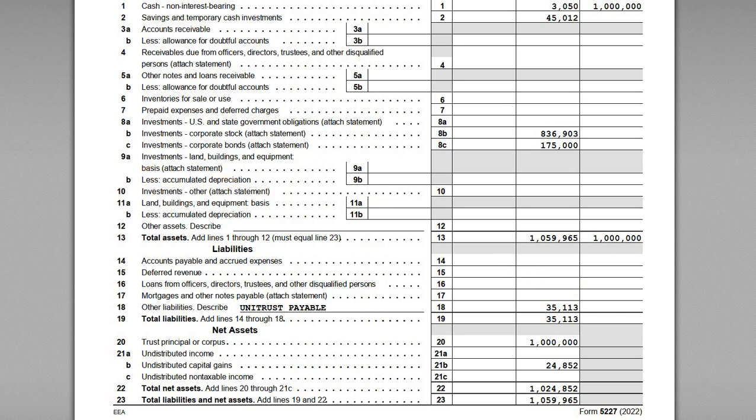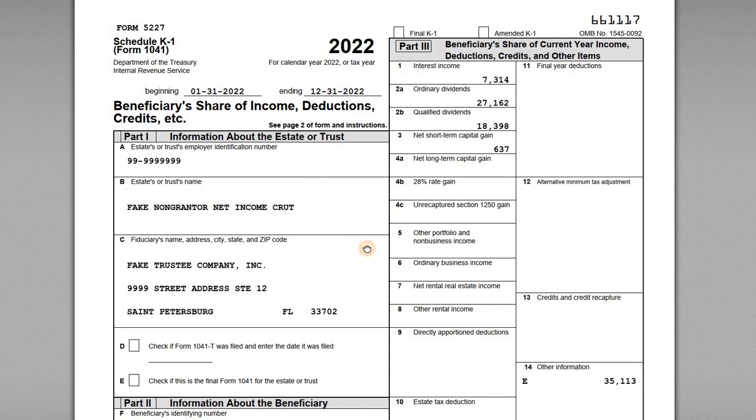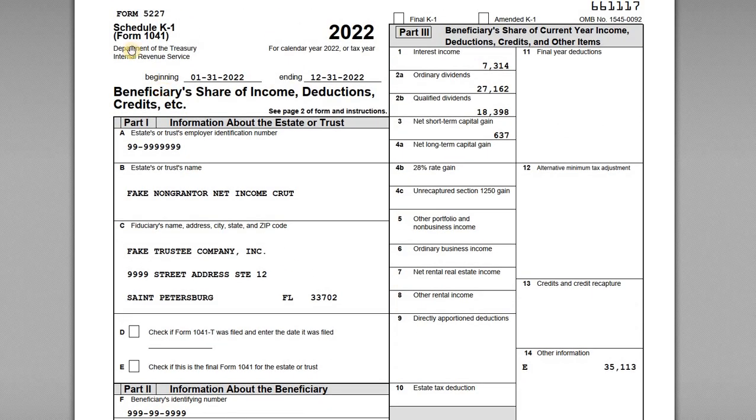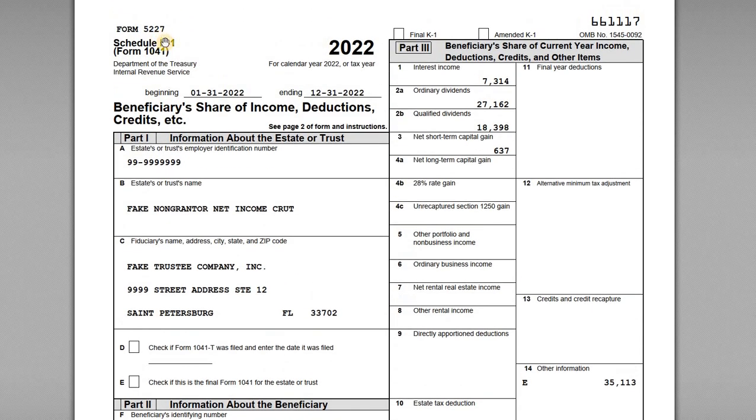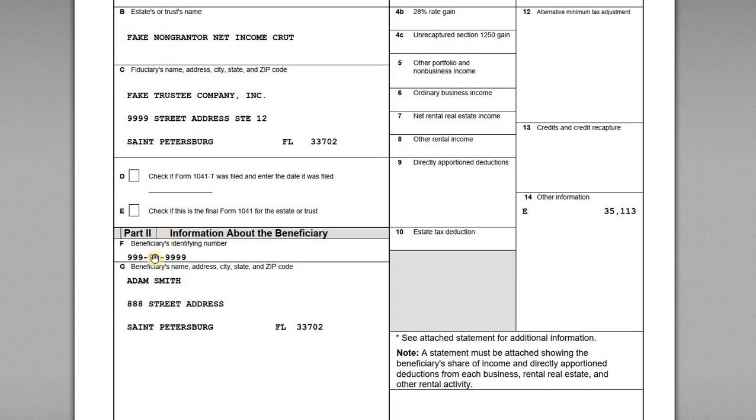Oh, no, sorry, one last thing to do. Look at the K-1. So the K-1, right? The K-1, very, very important to go out to the beneficiary. So the 5227 does not have its own version of the K-1. We just use the one from the 1041. So we've got the trust, EIN, name of the trust, fiduciary information, and then information on the beneficiary and the beneficiary's tax ID number.